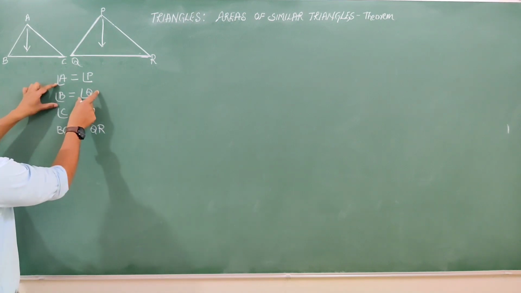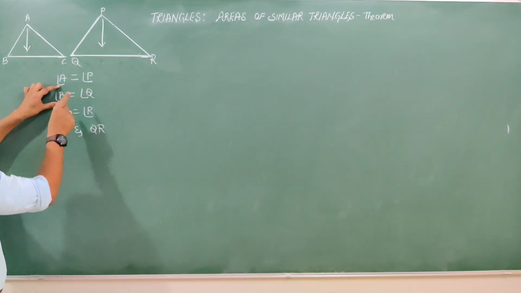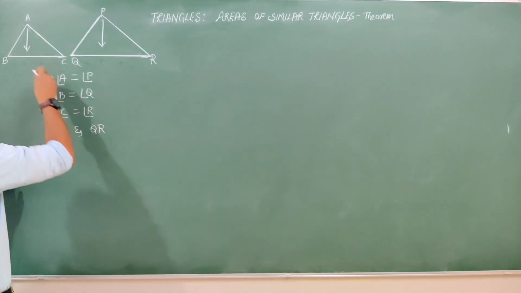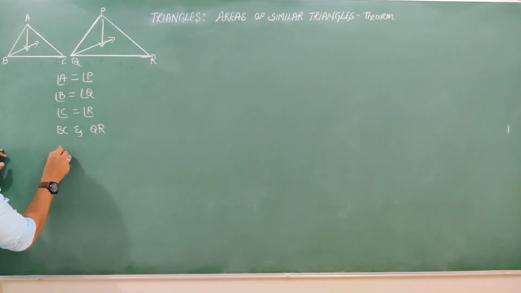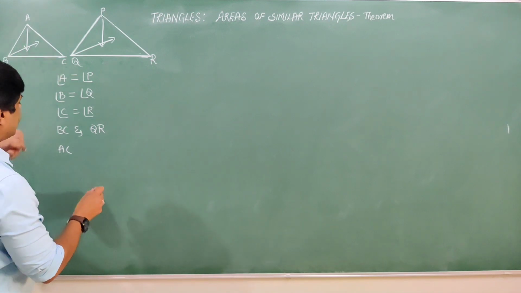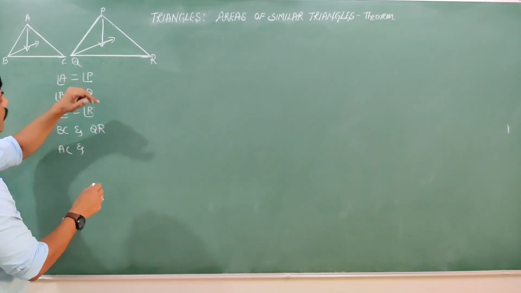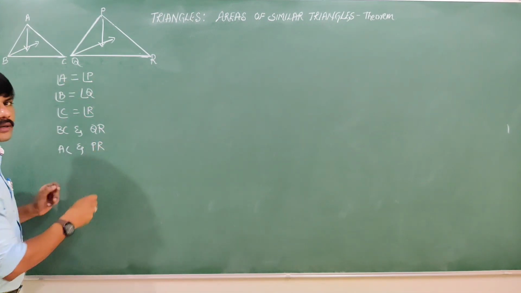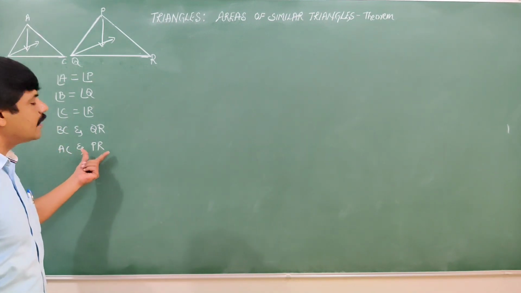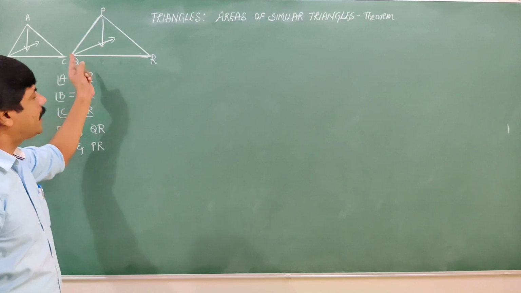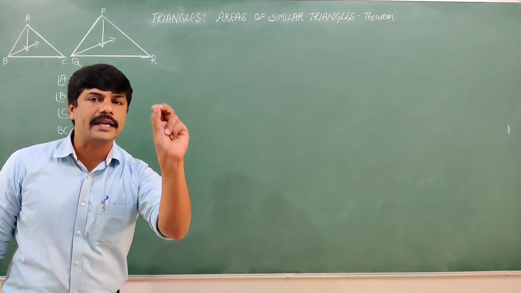And if you consider angle B and angle Q, which are corresponding angles, opposite to that, which side lies? AC from triangle ABC and PR from triangle PQR. Therefore, AC of ABC and PR of PQR are corresponding sides.